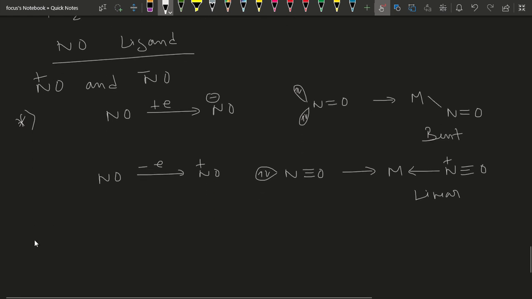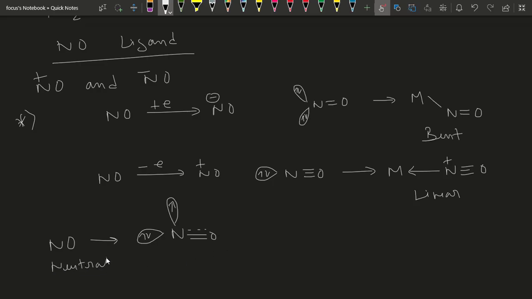And if the NO is neutral, then the structure is neutral form.